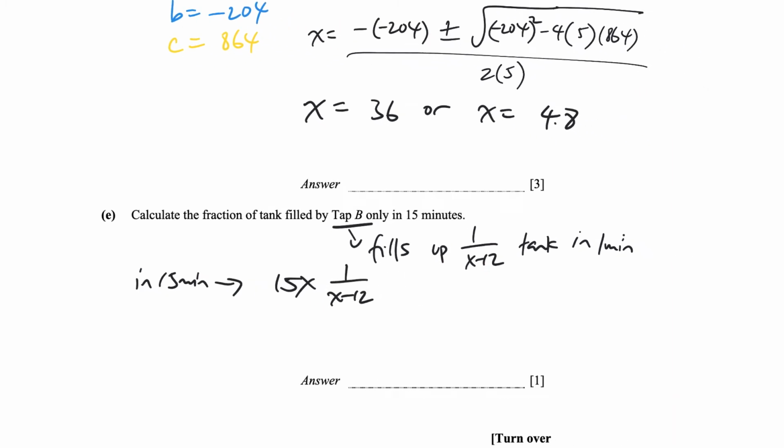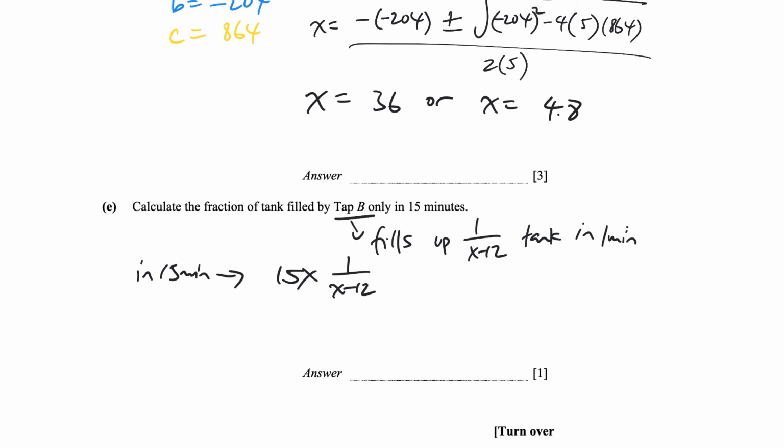If X was 4.8, this would give a negative number, since 4.8 minus 12 is negative, and times 15 is still negative. That doesn't make sense, because the fraction of the tank cannot be negative, so we reject this.